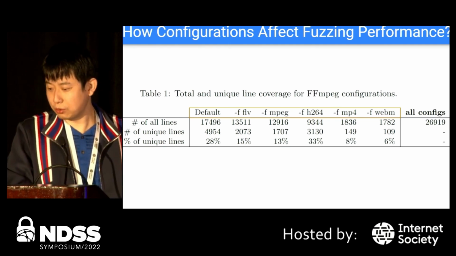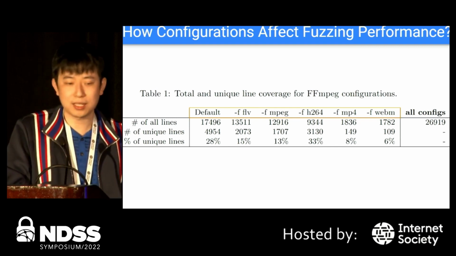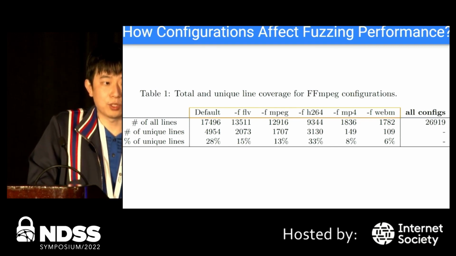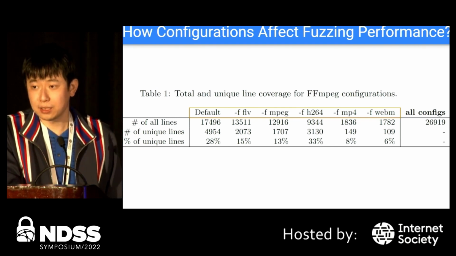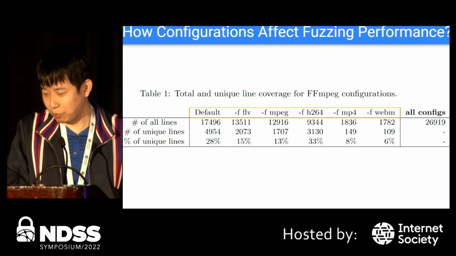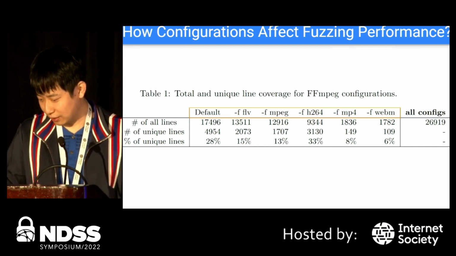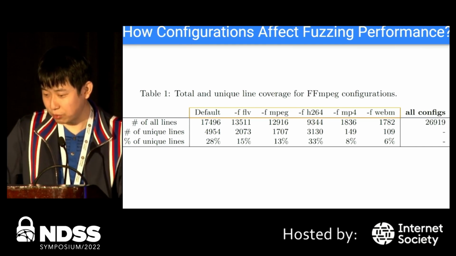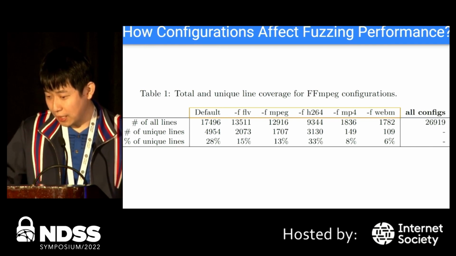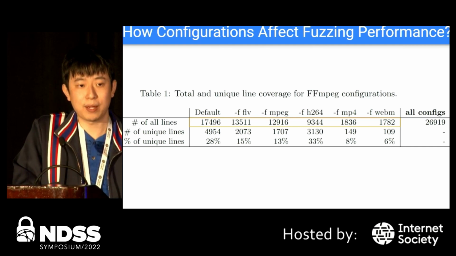And we include 5 settings of the option -f, which basically specifies the input or output format of the program. So these 6 configurations become our configuration space. In the first row of the table, we report the total number of lines covered by each configuration.